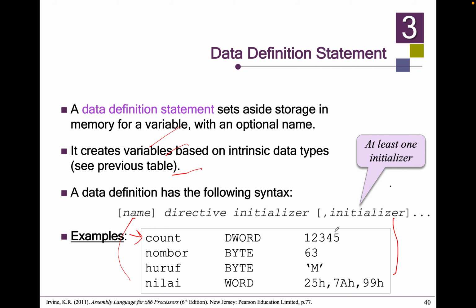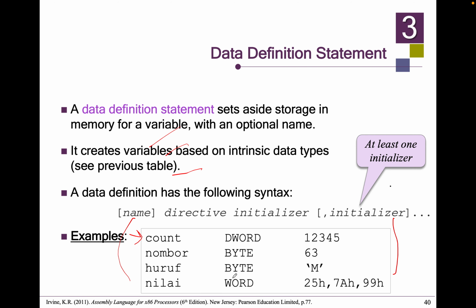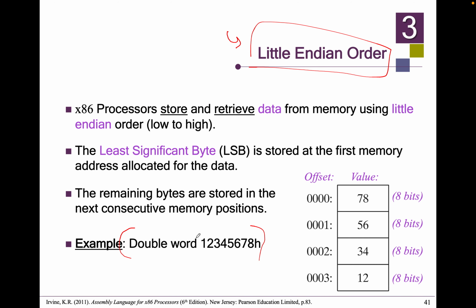Here you can see there is one example. It says double word. Please remember how many bits a double word is: 16 times 2, because a word is 16 bits and a double word is double that.